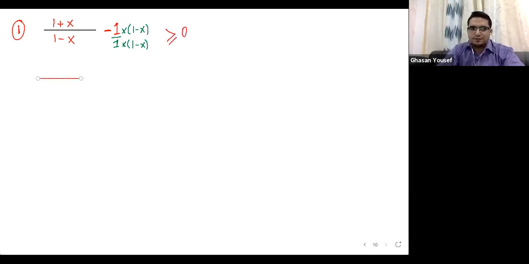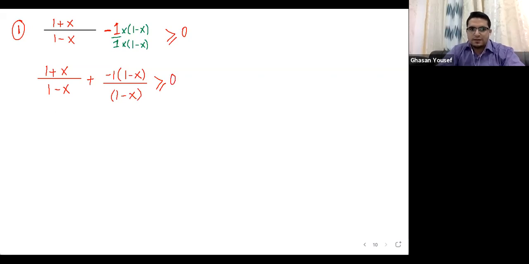The first fraction is 1 plus x over 1 minus x. Here I will make it positive, and the minus I will multiply inside the parentheses: minus 1 times 1 minus x, over 1 minus x, greater than or equal to 0.